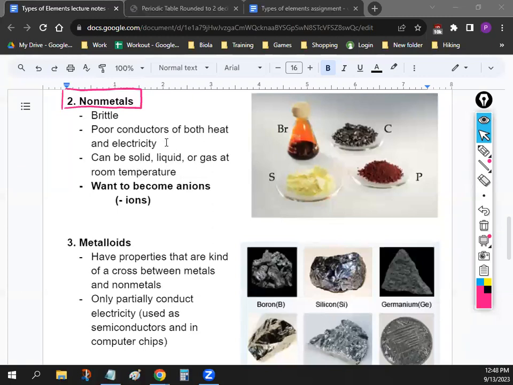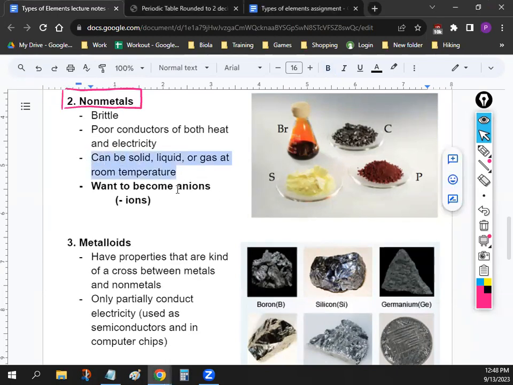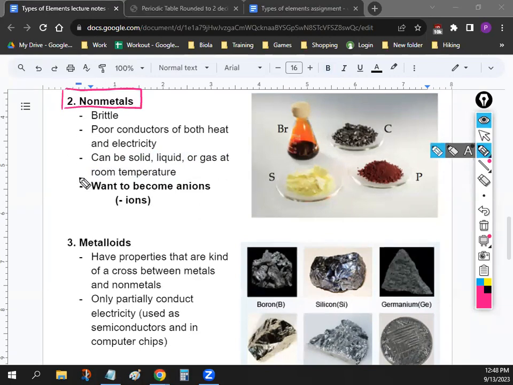They're not good at conducting heat or electricity, so you can't really make pots and pans out of them. They could be solid, liquid, or gas. But the important thing chemically that we're going to be talking about later in the year is these guys want to become anions. They want to become negative, which means they want to gain electrons. Okay. That's the second type of element.